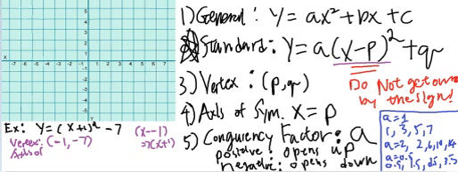Axis of symmetry, x equals p, so it's x equals minus 1. Again, pay attention. Do not get owned. Alright, next we have the congruency factor. I'm just going to write CF. It is a. Where's the a? It's right here. This invisible 1 is really important.